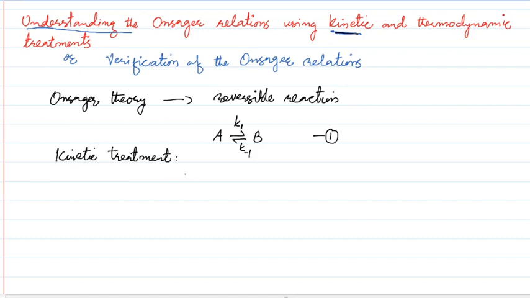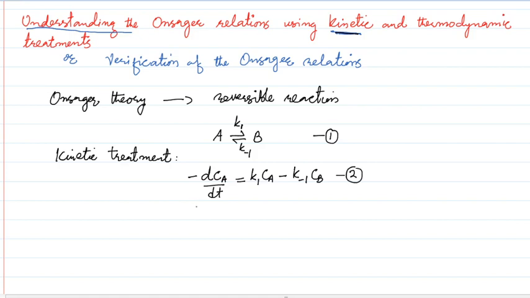So we will first calculate the rate for A, so we can write minus d[A]/dt. Suppose Ca is the concentration of A, it will be equal to, applying this to equation 1, K1 into concentration of A minus K minus 1 into concentration of B. This is a simple equation.